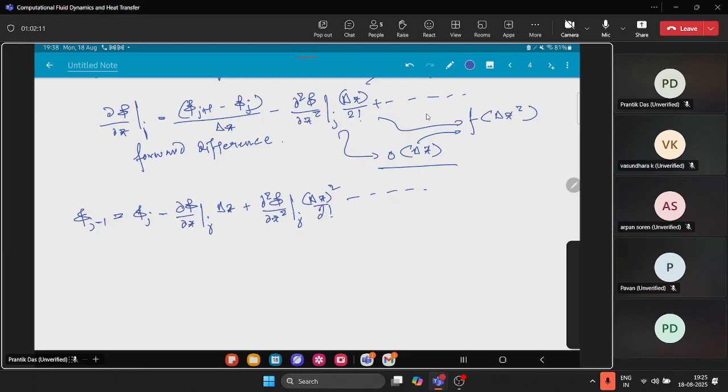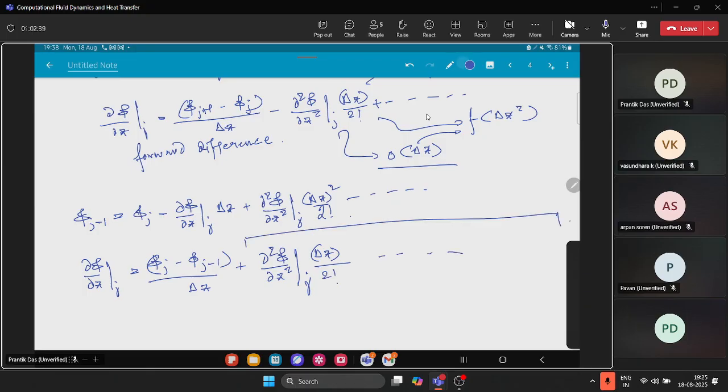Then we can write dphi/dx at j equals phi j minus phi j minus 1 divided by delta x plus the truncation error or leading term error. The first term is called the leading term error, as I've said earlier, delta x by 2 factorial. The higher order terms are called the truncation errors.